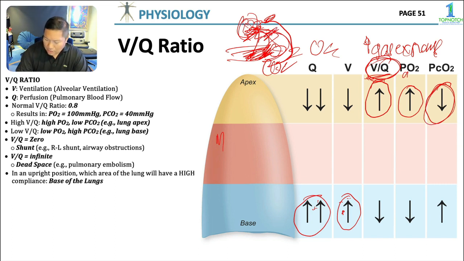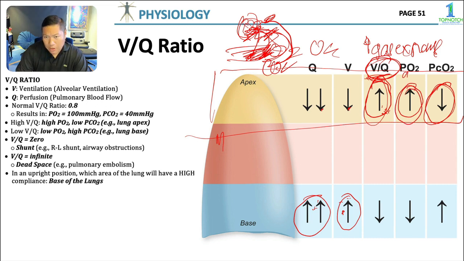So, nagde-decrease to. Okay, remember, for the apex: lowest ventilation, lowest perfusion, but highest ventilation-perfusion ratio. When you have a high ventilation-perfusion ratio in the apex, it means maganda ang gas exchange. Ergo, mataas ang arterial PO2, mababa ang arterial PCO2.